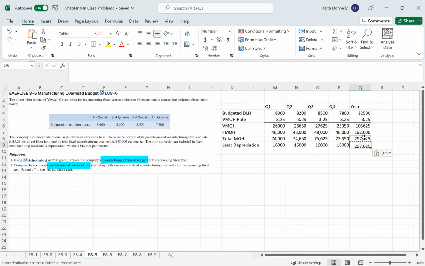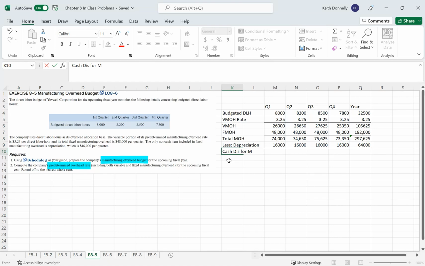And in total, let's just add them up, some 64,000. So we have to back out that non-cash item. And that will get us our cash disbursements for manufacturing overhead.